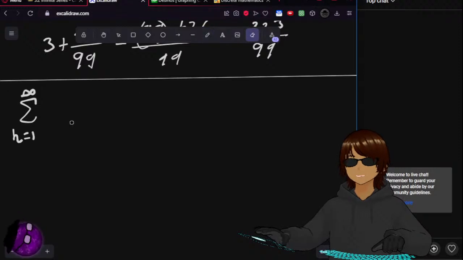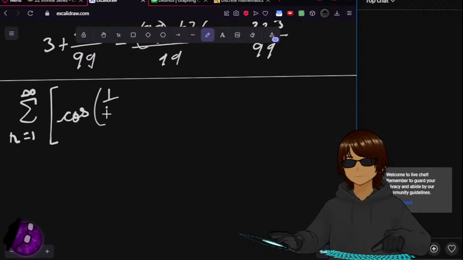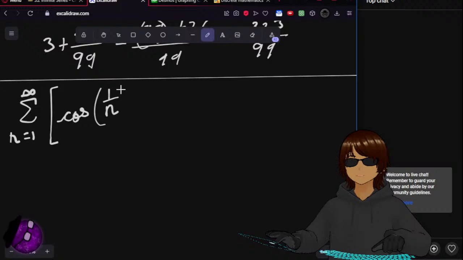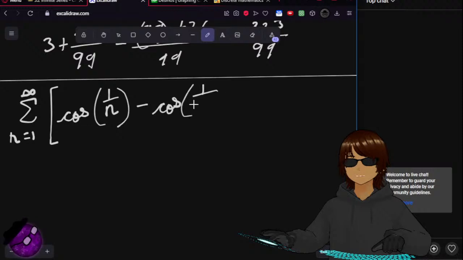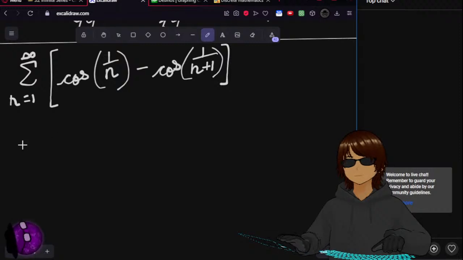This is n, looks like h. Cos 1 over n minus cos 1 over n plus 1.